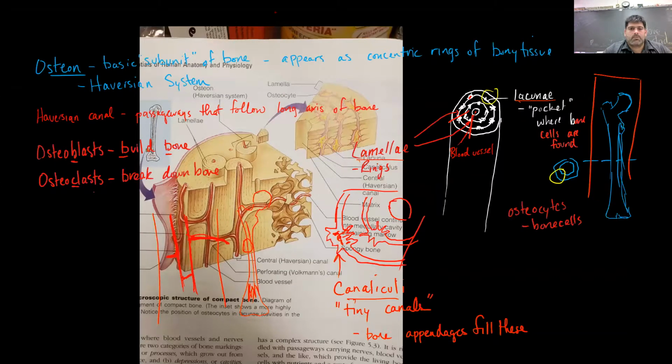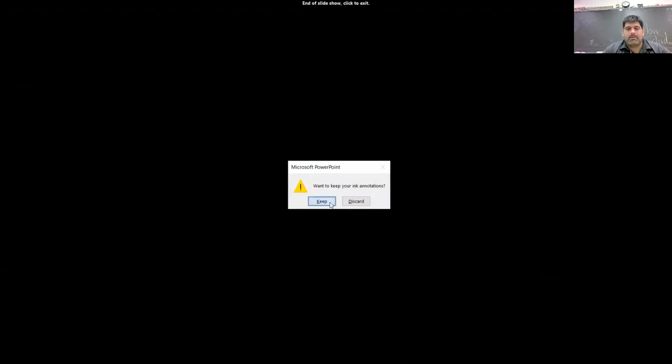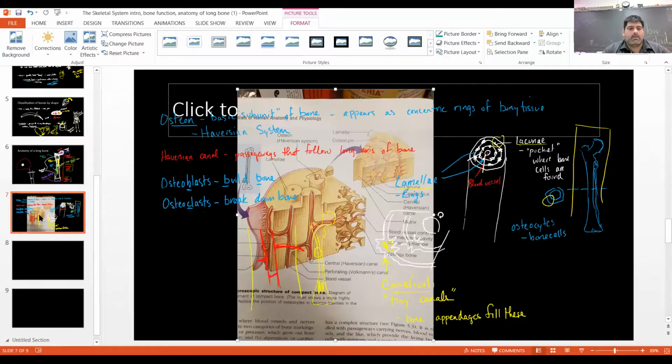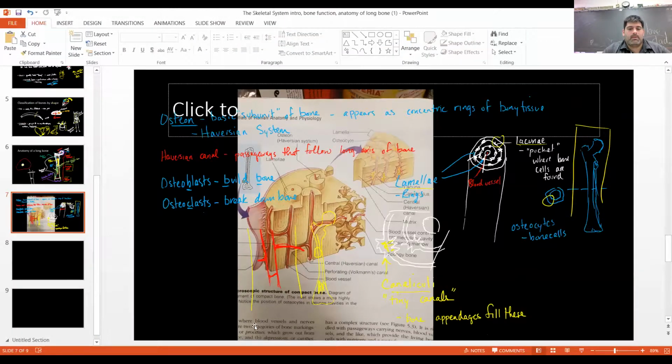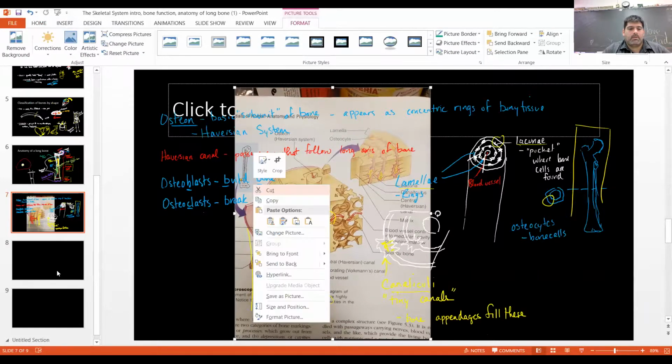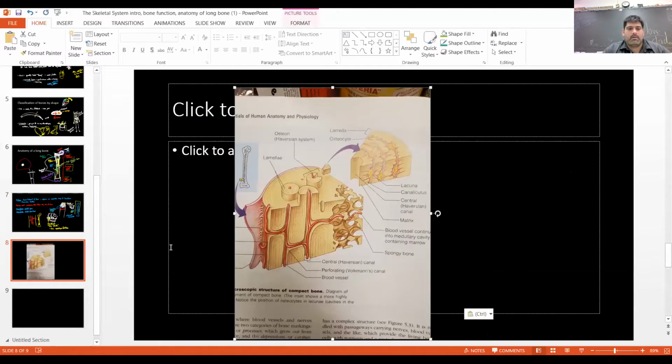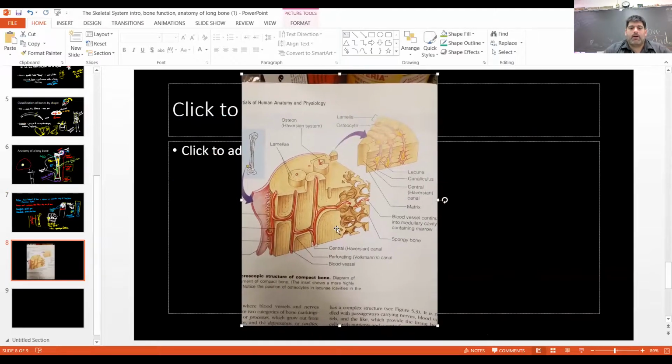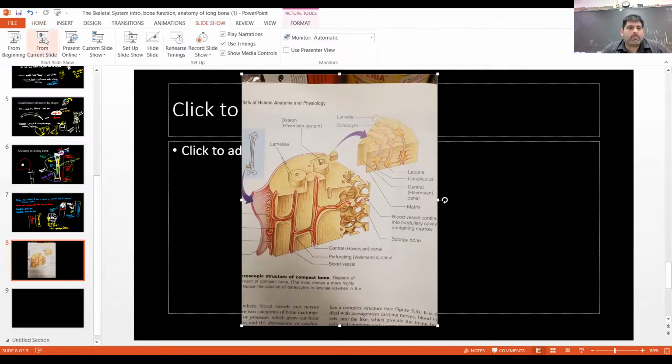Of course, now it's on the wrong slide. Love it when this cooperates. There we go. Not sure why it did that.